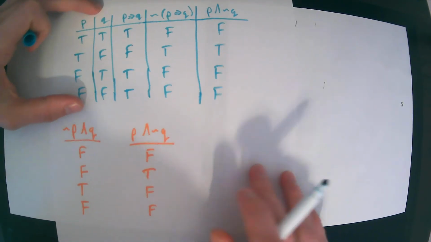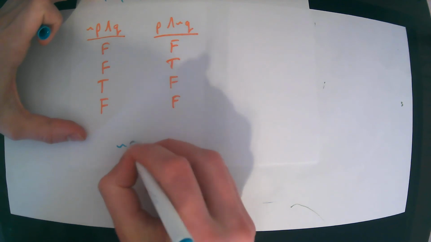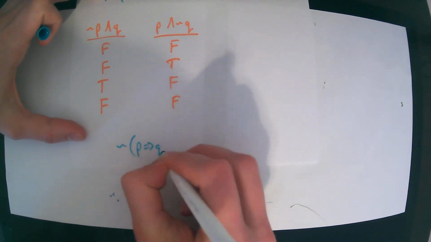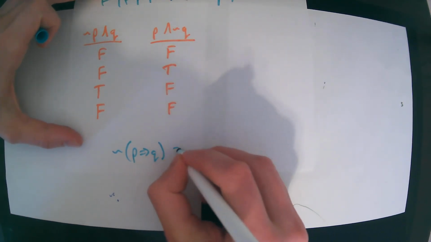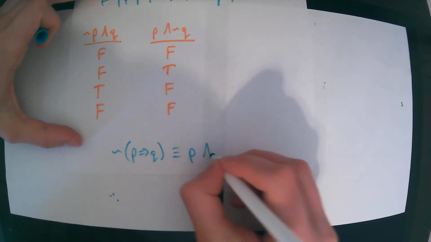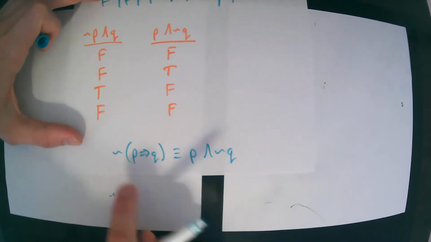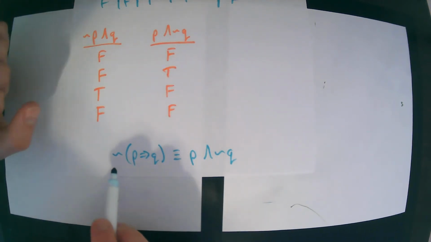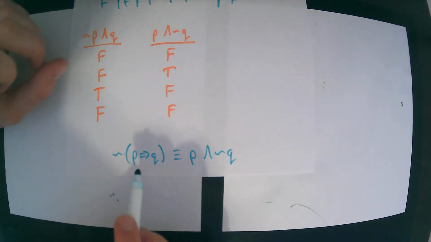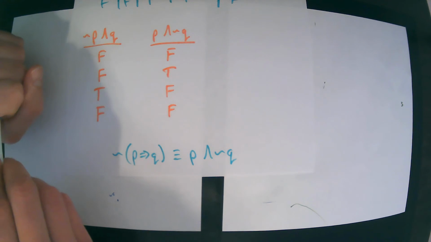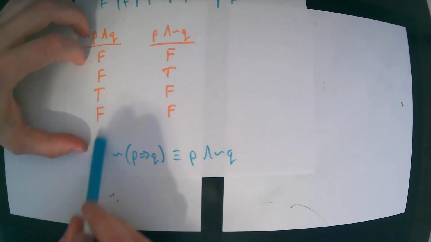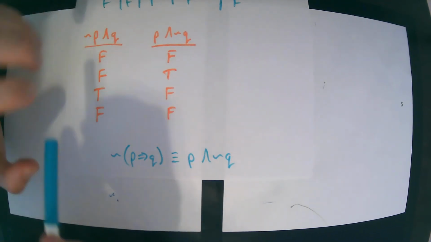So the conclusion here is that the negation of an implication is logically equivalent to this conjunction with P and not Q. And the way you would read this is, it is not true that P implies Q. That's how you would read this part here.